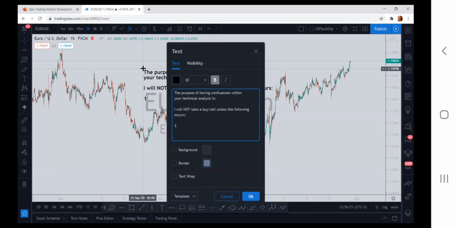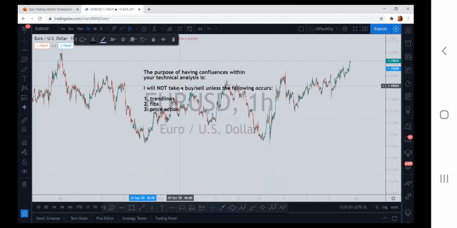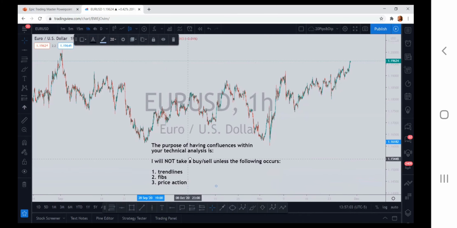Unless, you know, for you, if it's trend lines, fibs, price action, whatever your 3 are, that's how you need to talk to yourself as a trader. Okay, what's the purpose of you having the confluences that you're using? It's to discipline you and to create consistency while you're trading.